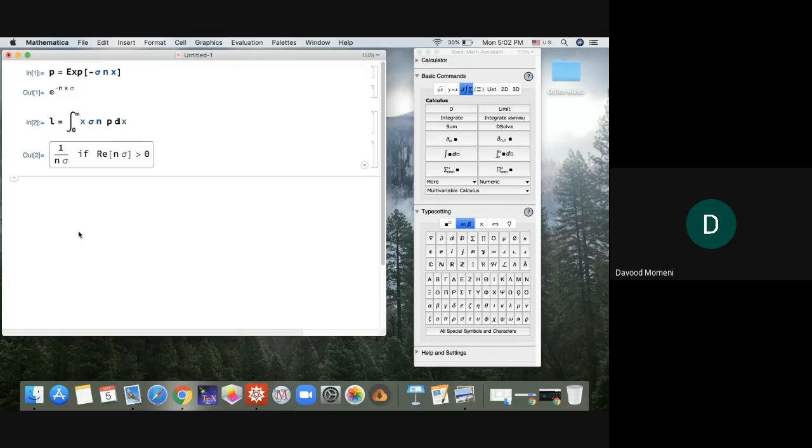You can see that the mean distance is 1 over n sigma. So n sigma will be 1 over L, and you can replace n sigma in P by 1 over L.